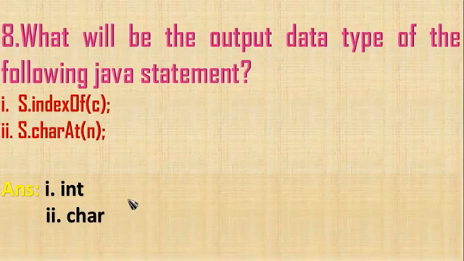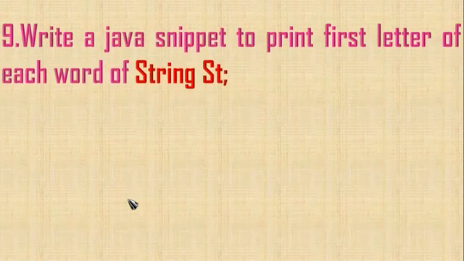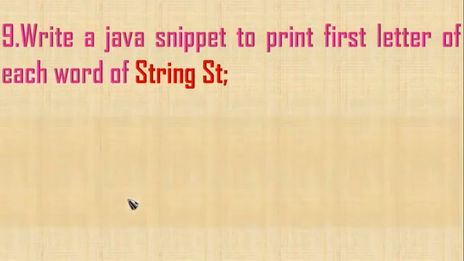So let us see the next question. Write a Java snippet to print the first letter of each word of string st. The value of st is not given, but it is a string type. It may have many words. So we have to print the first letter of each word. So how do we differentiate a word?